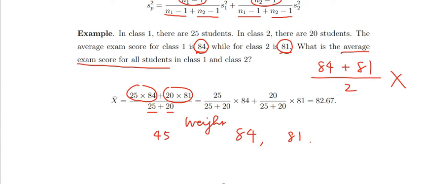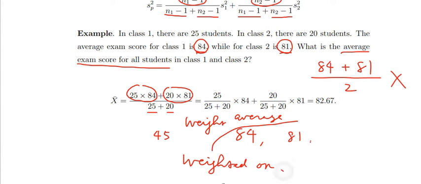Weighted average of 84 and 81. So weighted on what? Weighted on the number of students, weighted on the 25 and 20, right?